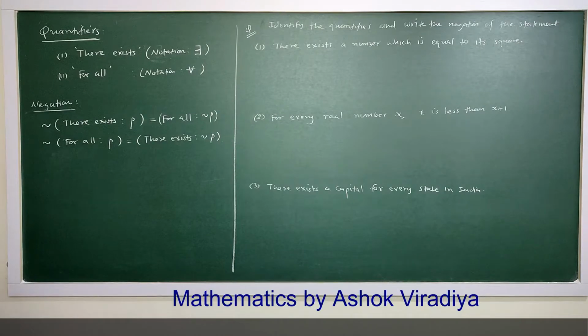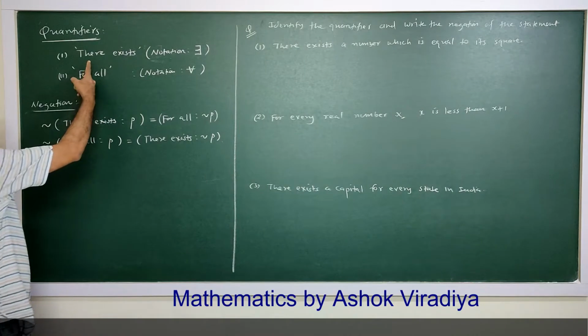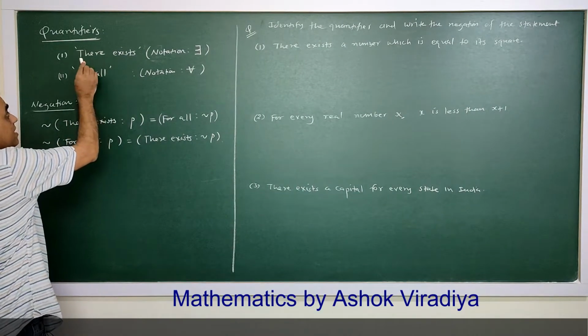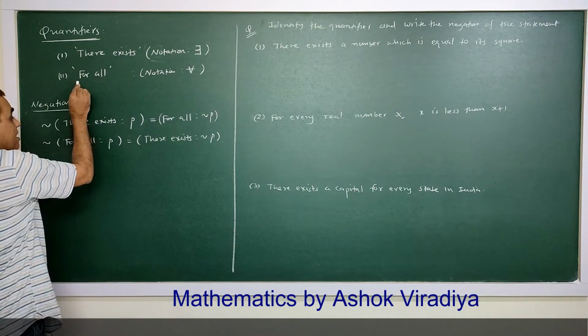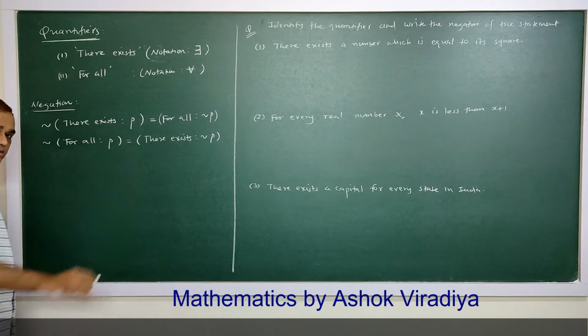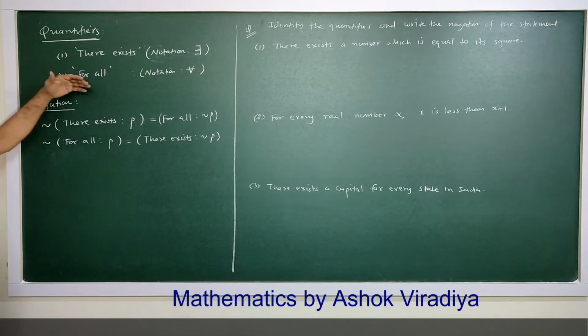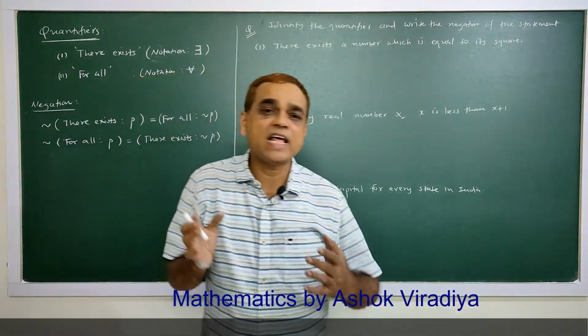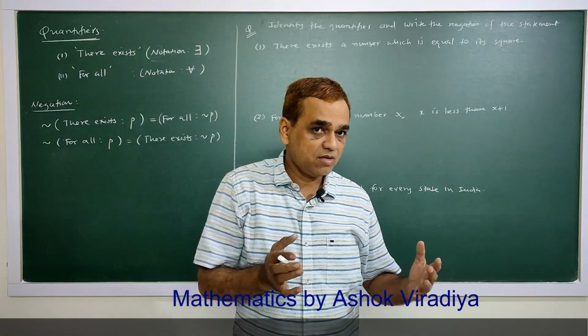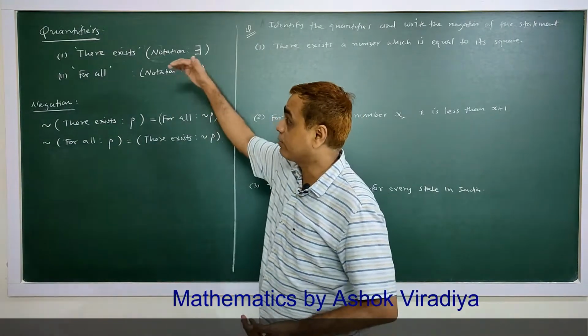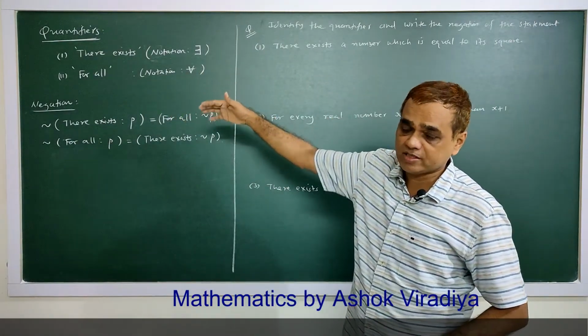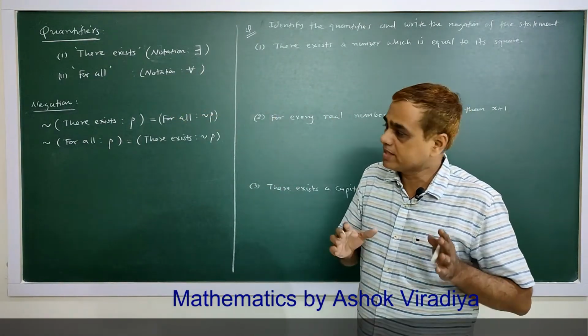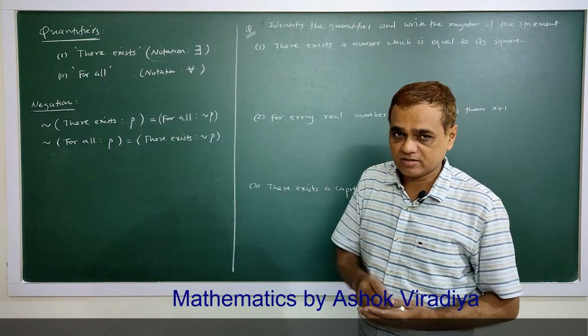Now next topic is quantifier. Say these words there exist and for all. These two words are used in mathematics or in the language of laws. Lawyers also use these two many times because its connection is with logic.